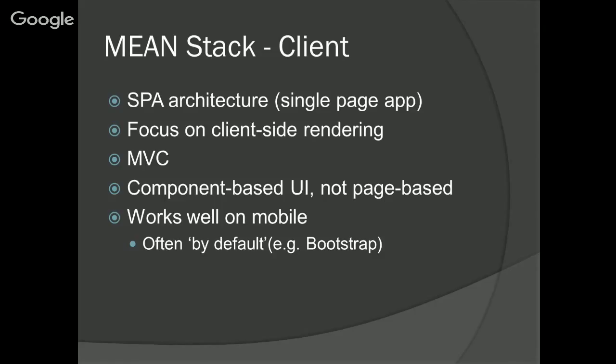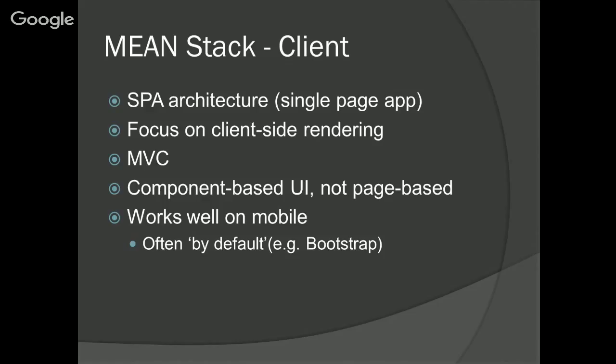So from the client perspective, some key elements of the Mean stack are that it uses a single page app architecture. So you're not loading a whole new page every time you navigate to a new view on the client. As such, it's based on components and not pages. Has an emphasis on client-side rendering.